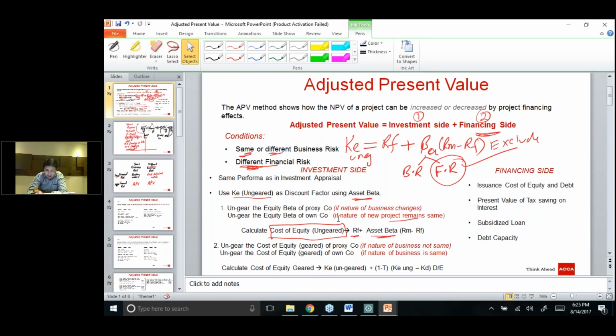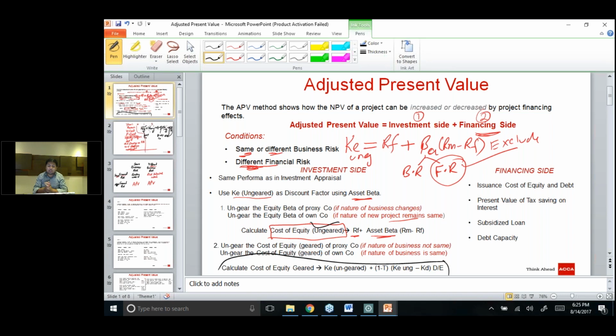So in the exam, if beta is given, then ungear that beta and use the CAPM equation to get ungeared cost of equity. And if cost of equity is given, of the proxy or even your own cost of equity, using this theory equation, you are going to calculate the ungeared cost of equity.